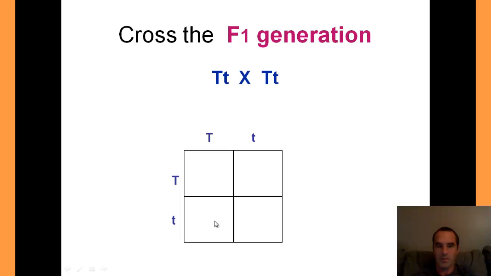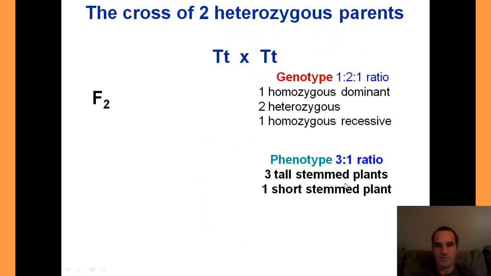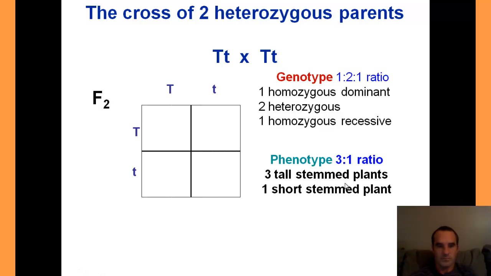There it is again. And if you wrote genotype, genotype is 1 homozygous dominant, 2 heterozygous, 1 homozygous recessive. Phenotype is 3 to 1. So here we have a difference. In our first example, genotype was the same ratio as phenotype.